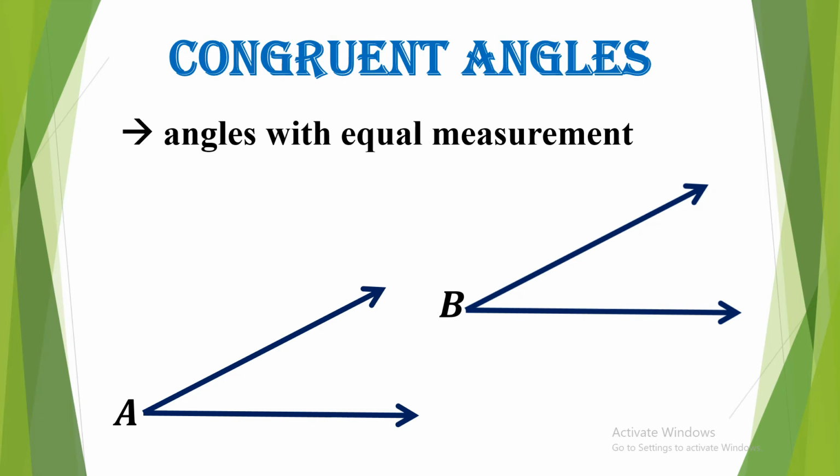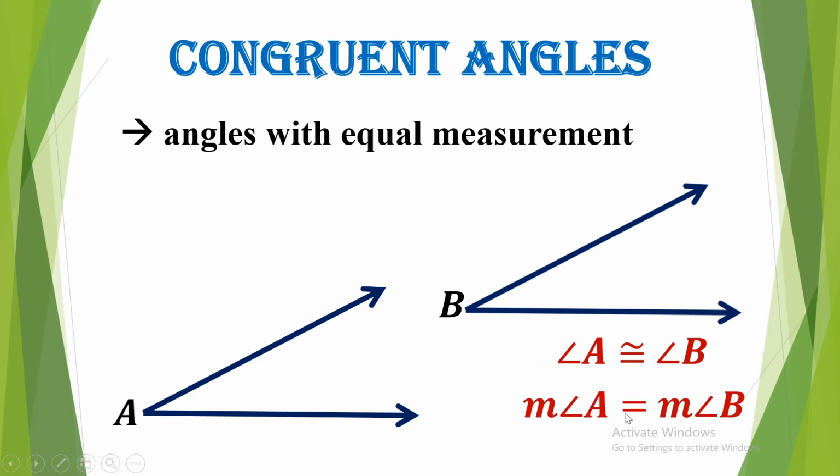Now, don't get confused when we say congruent and when we say equal. We use congruent if we are pertaining to the figure itself. So if we are comparing angle B and angle A, then we must use congruent. So I say angle A is congruent to angle B. But if we are dealing with their measurement, then we use equal sign.